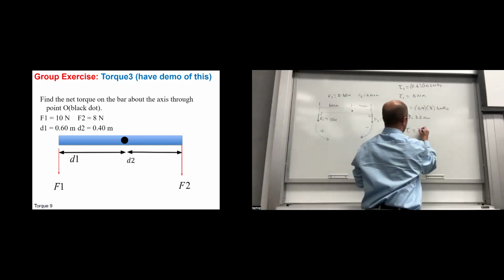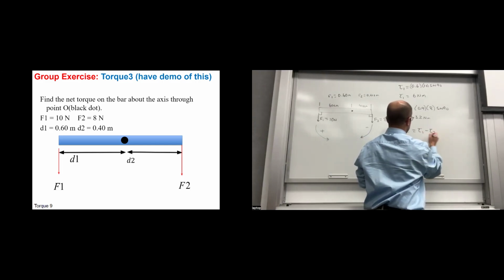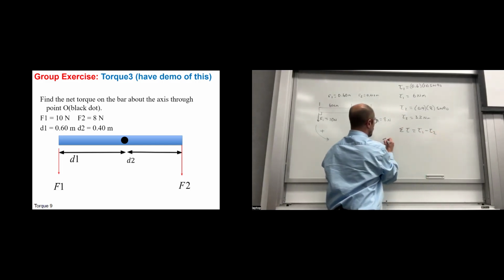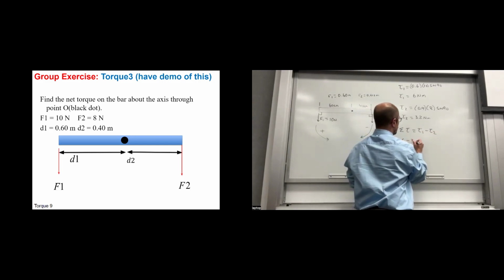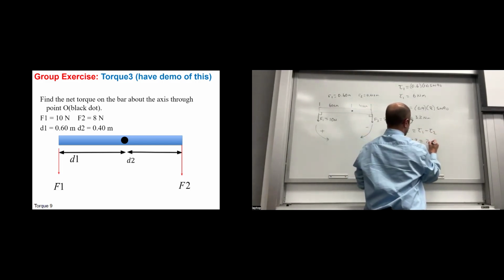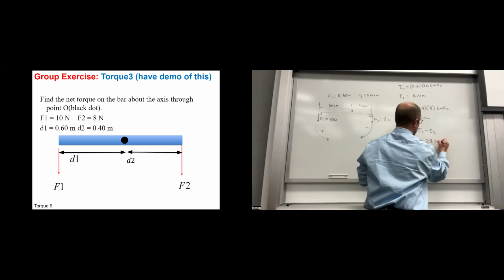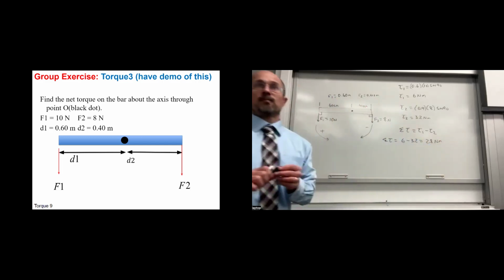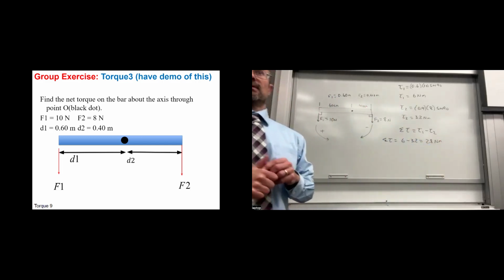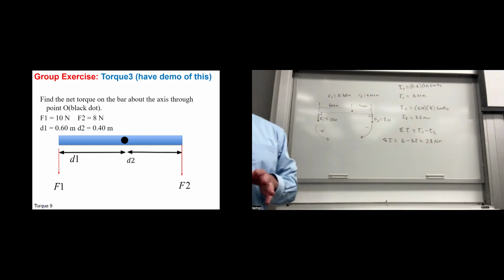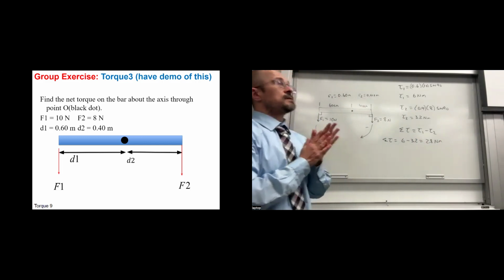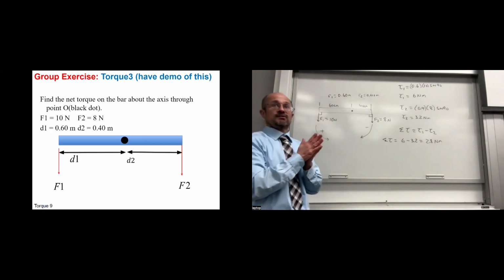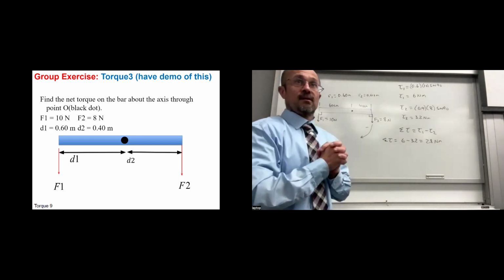So we see that it is torque 1 minus torque 2. So the sum of our torques is going to be 6 minus 3.2. That gives us 2.8 Newton meters. Is everyone good with that? So we should be able to sum up some torques on different configurations of different objects. All right.